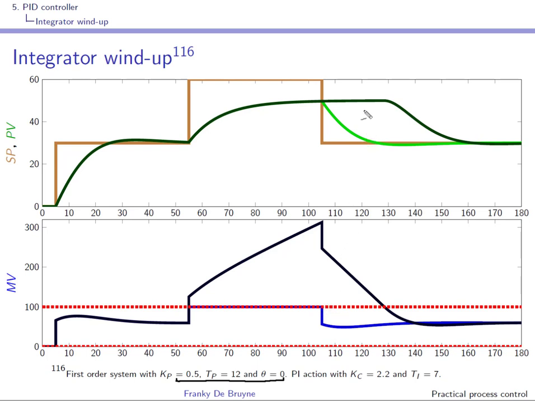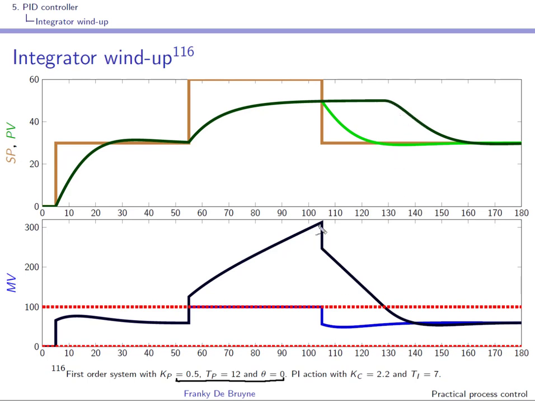And then of course it will see in this region here a negative error, and you will have this period of dewinding. And the process will start to react only when, after this period of dewinding, you have an MV that is now lower than 100%, and this is when the process is starting to react.